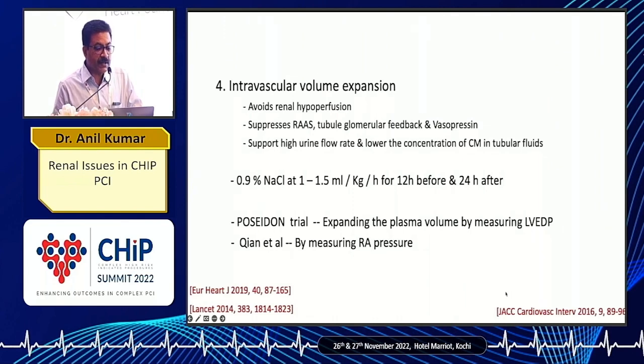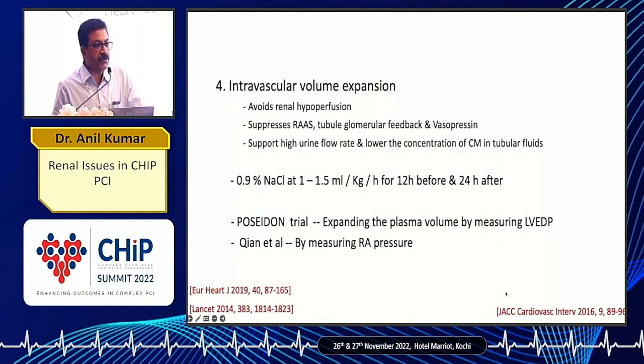Intravascular volume expansion plays a key role in the prevention of AKI. It avoids renal hypoperfusion, and suppresses RAS, tubuloglomerular feedback, and vasopressin. It supports a high urine flow rate, and lowers the concentration of contrast media in tubular cells.